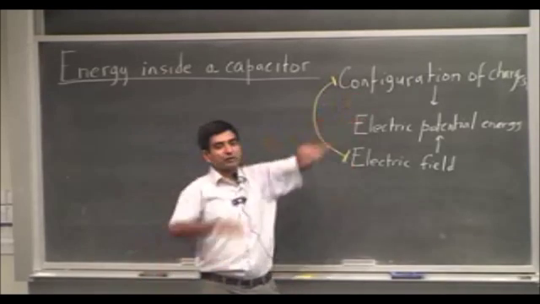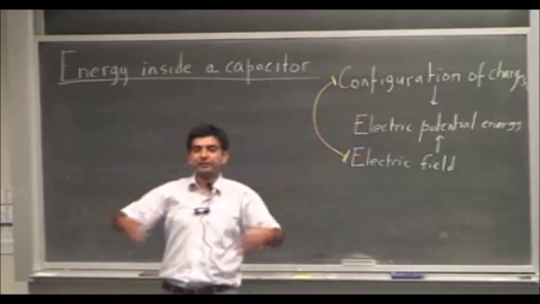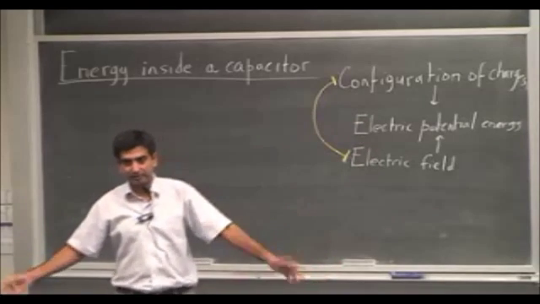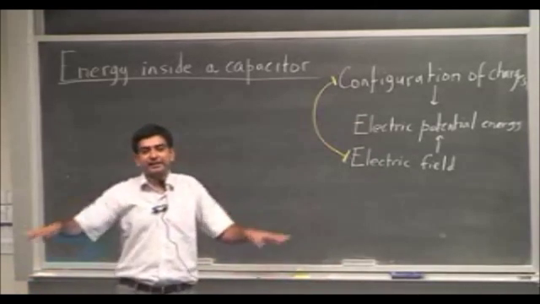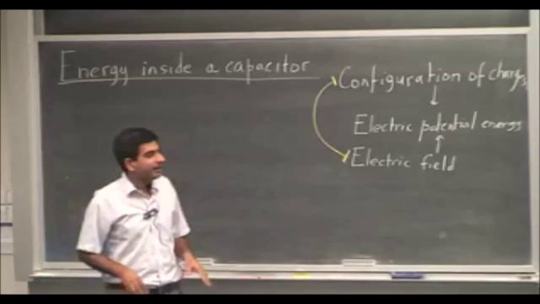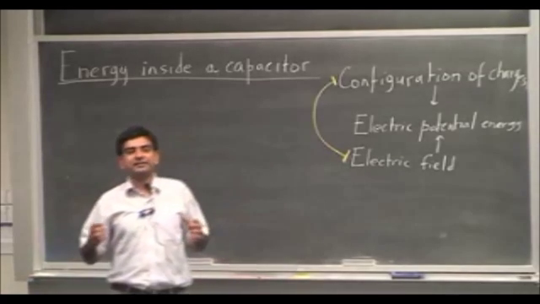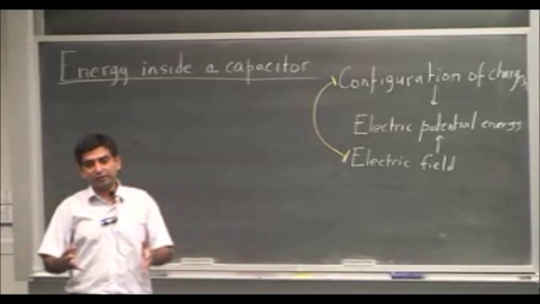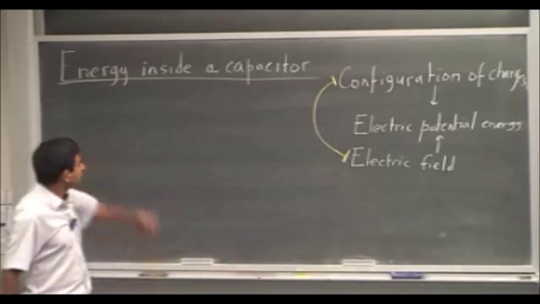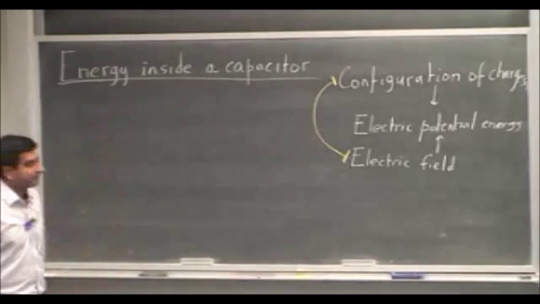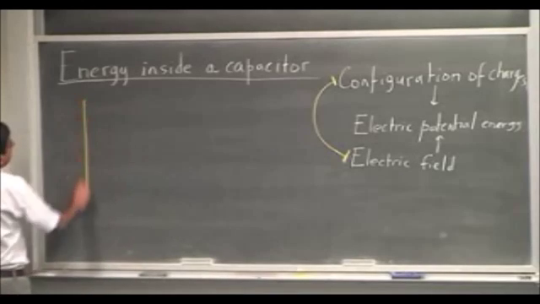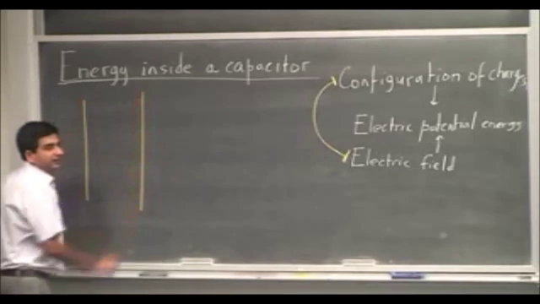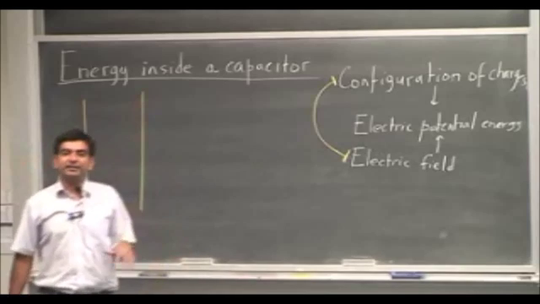So saying that we have a configuration of charges is the same as saying that we have an electric field distribution, and energy is inside the electric field. And that electric potential energy is the amount of energy that you've already spent in assembling that configuration of charges.